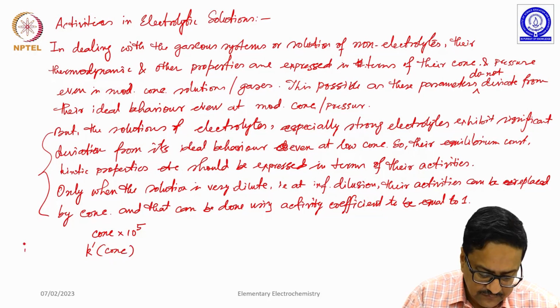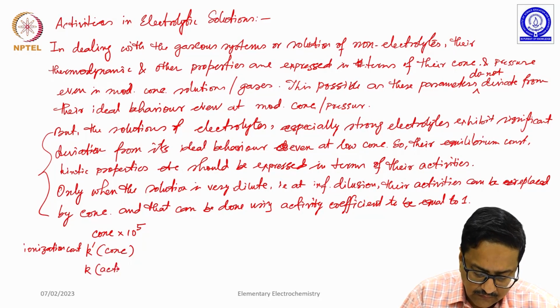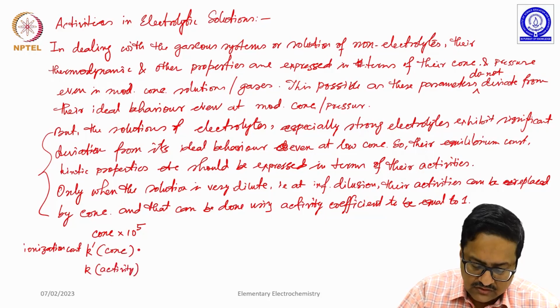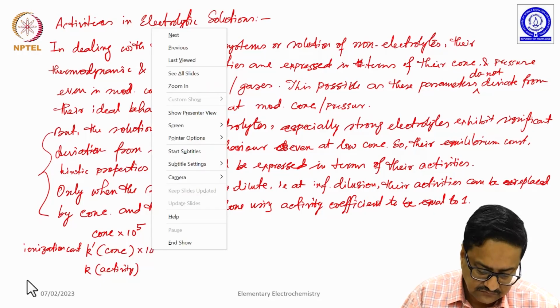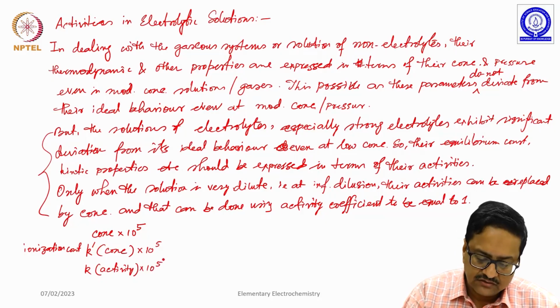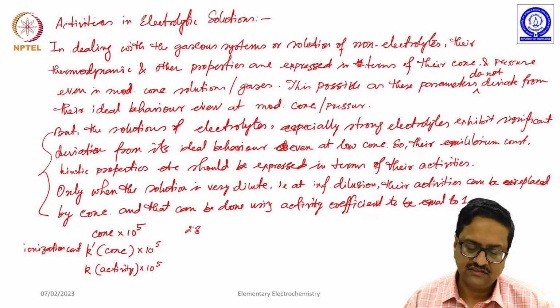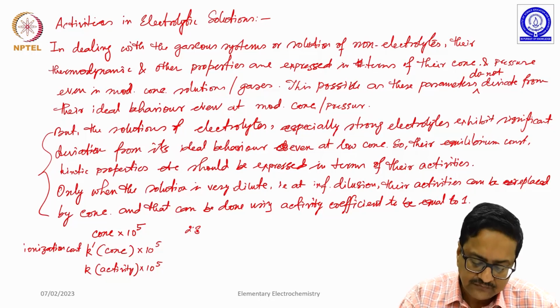This K prime is the ionization constant, and this value K using activity. K prime and K values are to be multiplied by 10 to the power 5. So, when I am writing 2.8, that means the concentration is 2.8 into 10 to the power 5 molar.